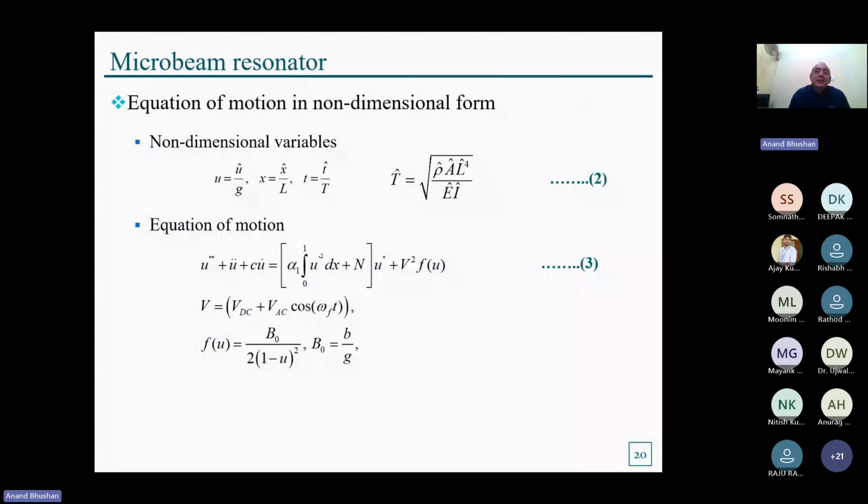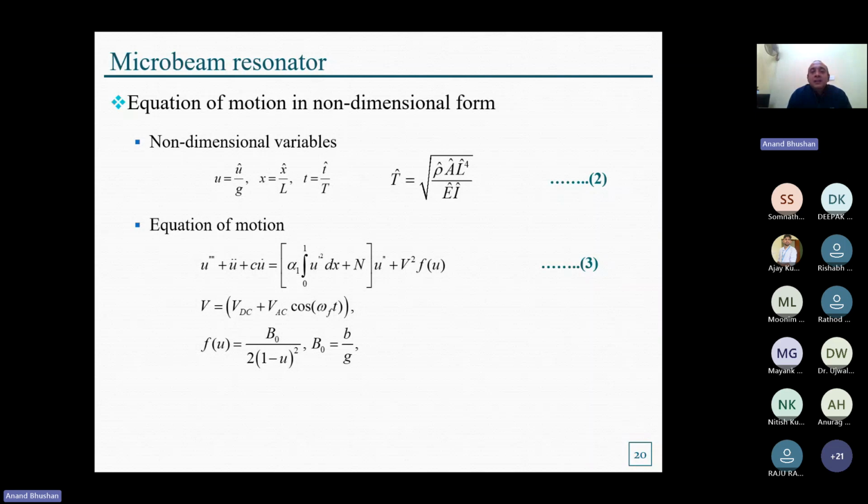But for the present case, it is just a microbeam and it is a simplified structure. So we can use another method, a mixture of analytical and numerical techniques, reduced order modeling. So we will use the reduced order model technique to solve this equation 3, and later we will show the characteristics of the microbeam resonator with the help of the solution of the reduced order model.